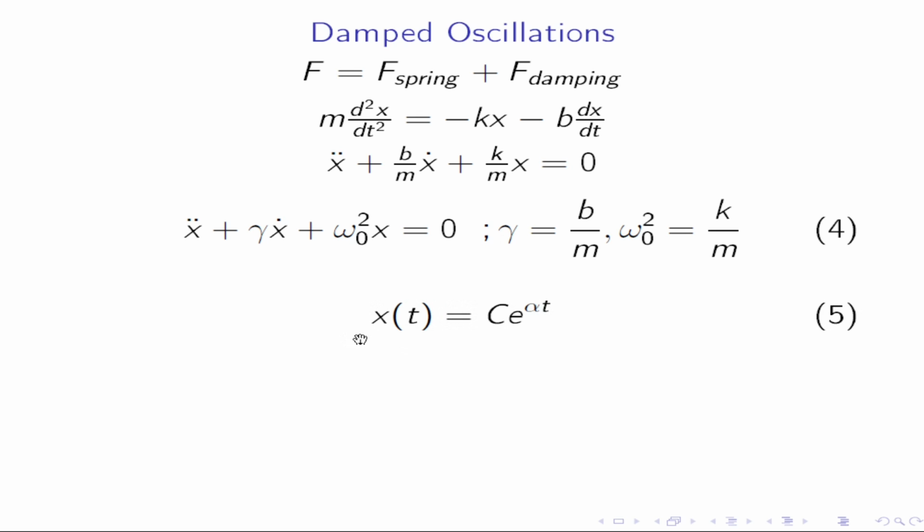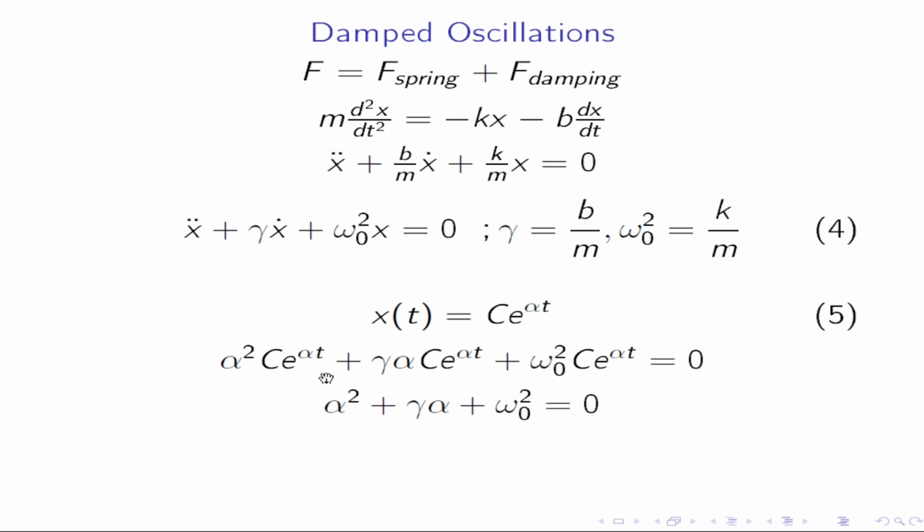We assume a solution for this equation, x(t) = c e^(αt). Substituting in equation 4, we have x double dot is α² c e^(αt), plus gamma x dot is γα c e^(αt), plus ω0² c e^(αt).